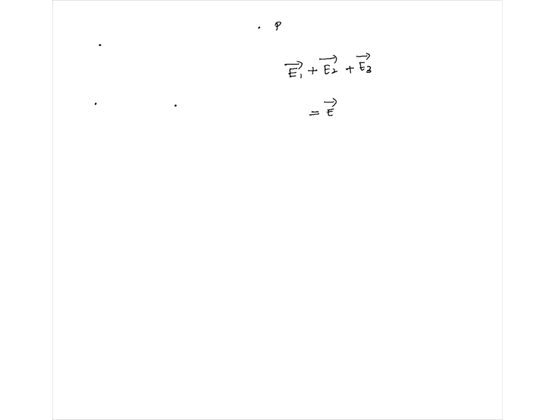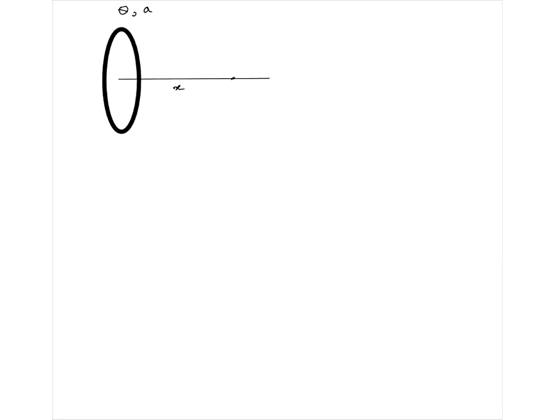So imagine Q1, Q2 type of thing. Here we will take dq. Put a positive test charge. Let this capital Q be positive, so repulsion. So the field will have this direction.